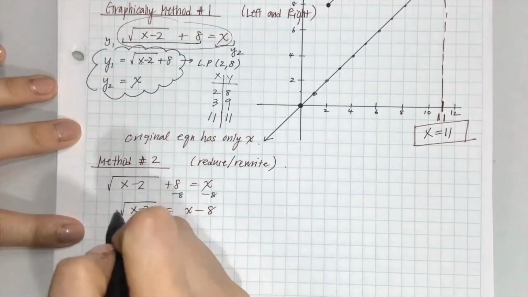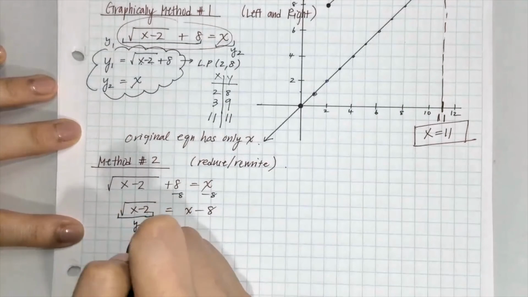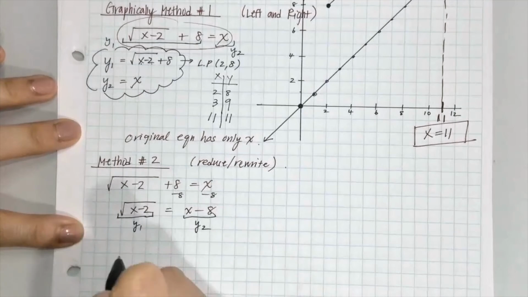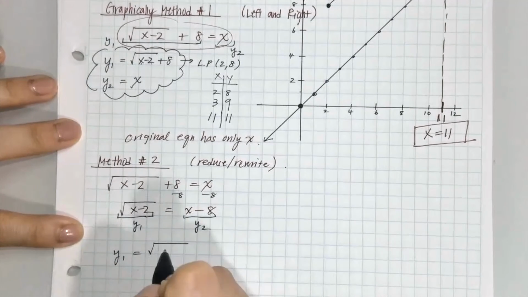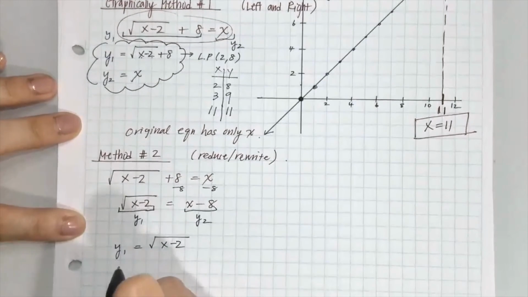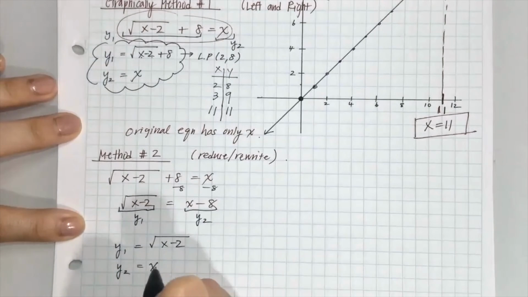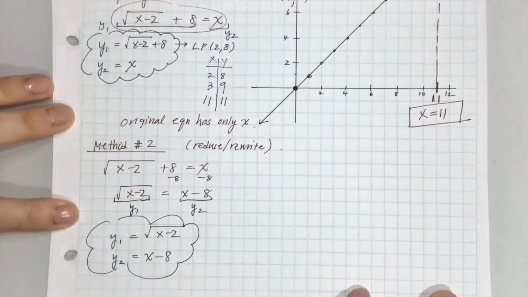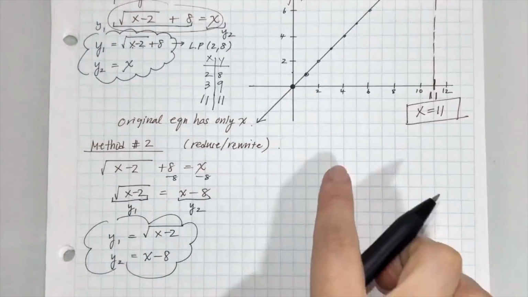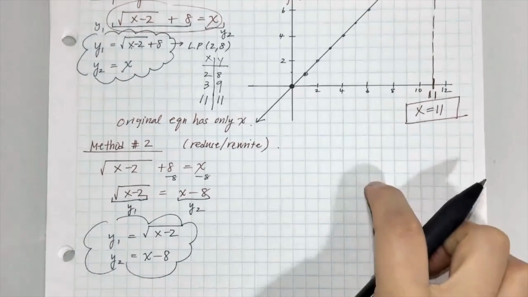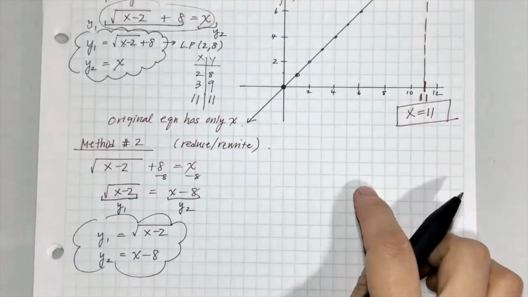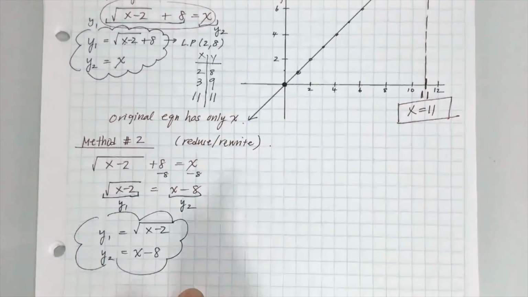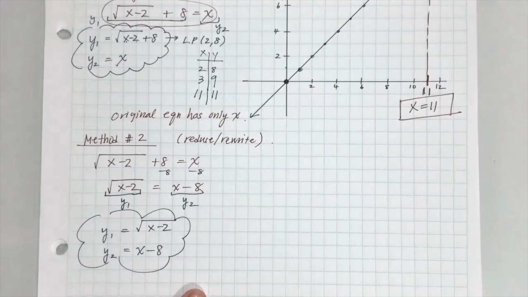And I'm going to graph this one and this one. I'm going to graph square root of x minus 2 and graph x minus 8. Okay, so graph those two functions, find where they intersect, and figure out the x-coordinate of your point.